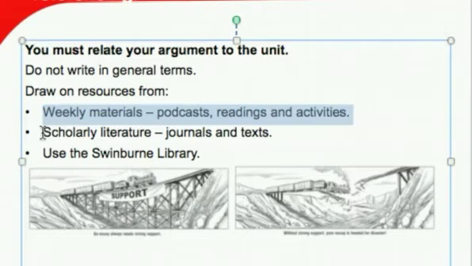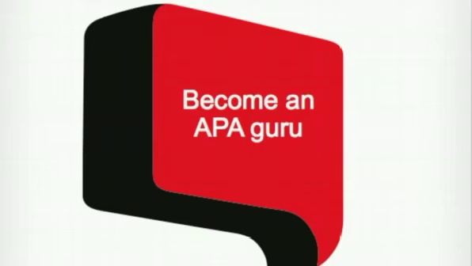Remember to find your own scholarly literature, those peer-reviewed articles and published texts, finding those from the Swinburne Library and from Google Scholar, and avoiding less credible sources that you might find through a regular Google search. And make use of the Swinburne Library, of course. Take time to become an APA guru, and that will see you towards those fantastic marks in your assessment.